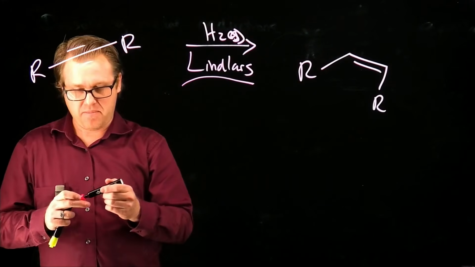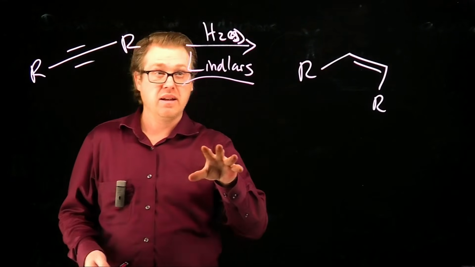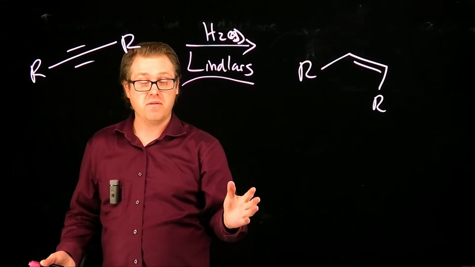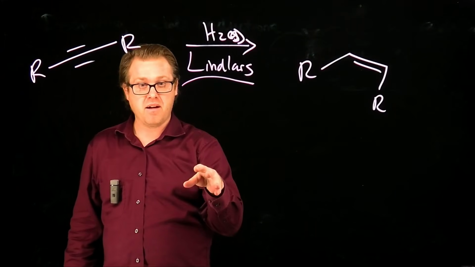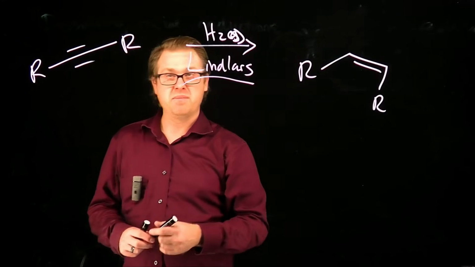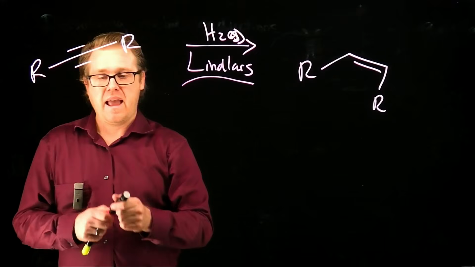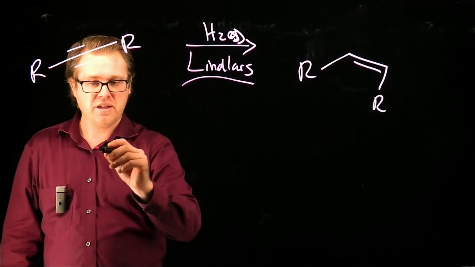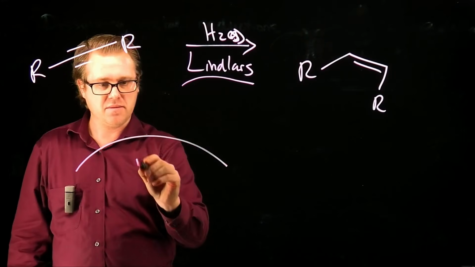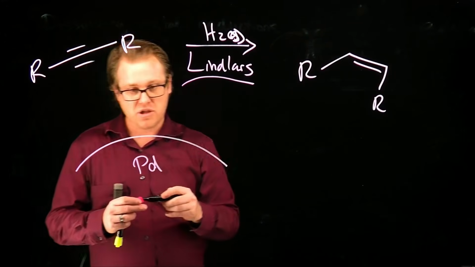And so you basically have chunks of metal in the reaction. The metal does not dissolve. So you'll throw it in there and you'll just see it floating around. So you have these metal chunks. And if I take that metal chunk and zoom in really close, this is the palladium metal chunk.